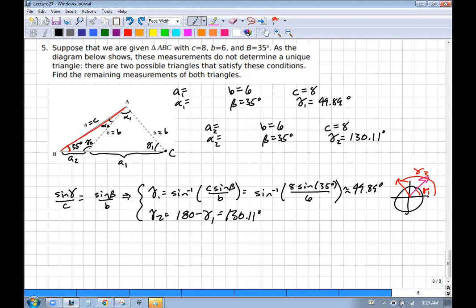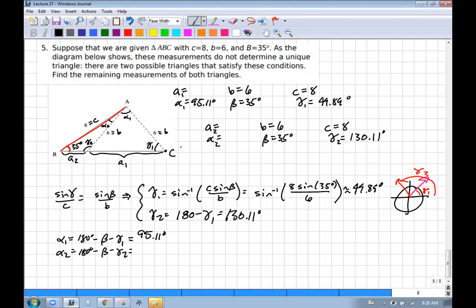Now that we have 2 out of 3, right? Alpha 1 would just be 180 minus beta minus gamma 1. Of course, alpha 2 would be 180 minus beta minus gamma 2. We could figure those out pretty easily. 180 minus 35 minus 49.89 is 95.11.